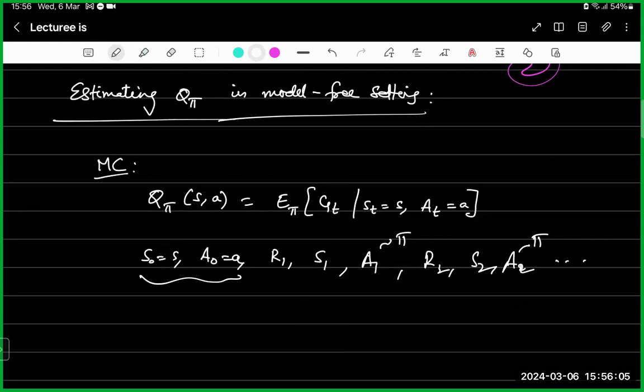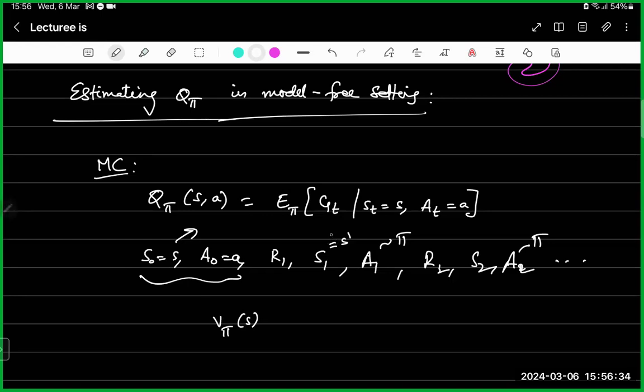But one small practical issue that we'll face in this approach is this. Previously, when you wanted an estimate of v pi of s, if your initial state is s, and let's say some other state s dash you encounter later, this episode is not just giving you one estimate of v pi of s.